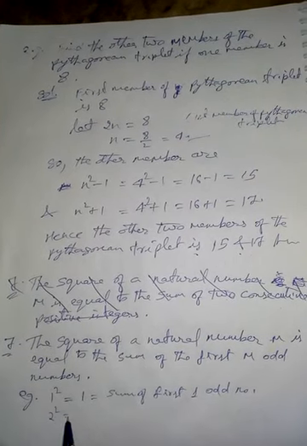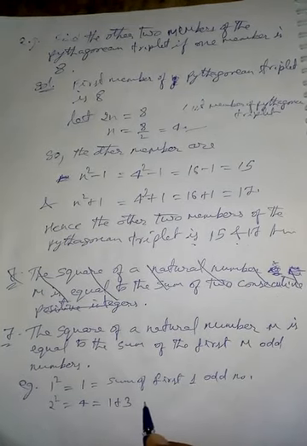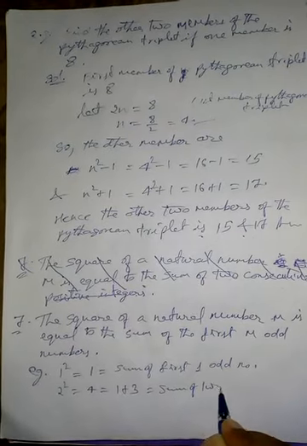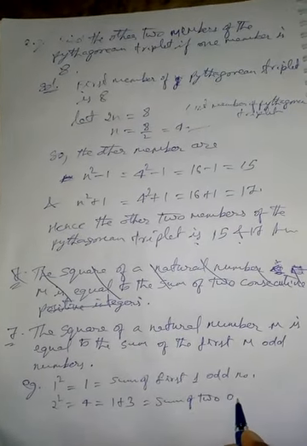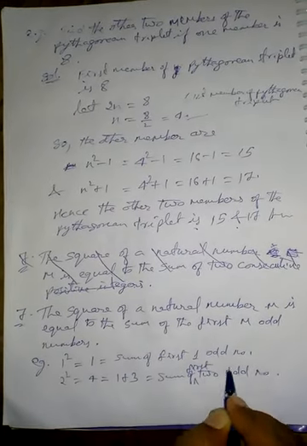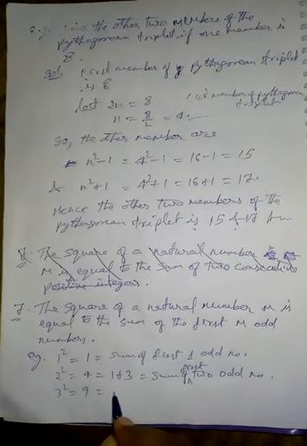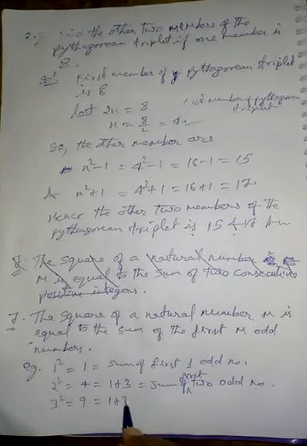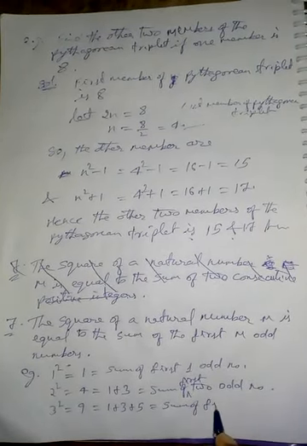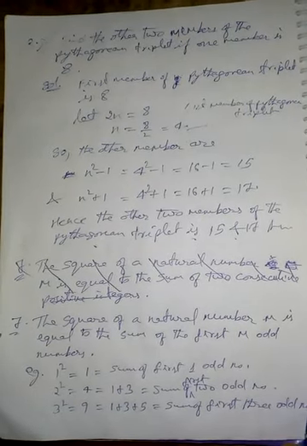Now 2 square is equal to 4. That is equal to 1 plus 3, the sum of the first 2 odd numbers. 3 square is 9, which means 1 plus 3 plus 5, that is the sum of the first 3 odd numbers.